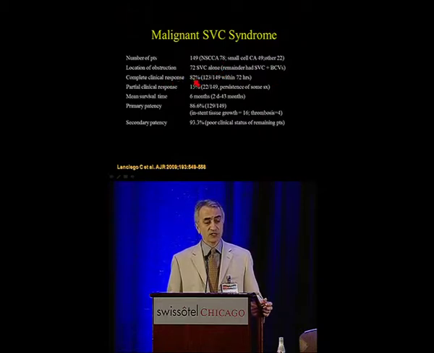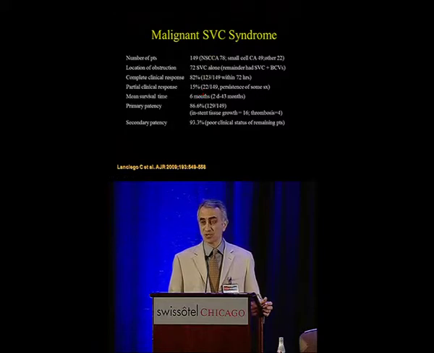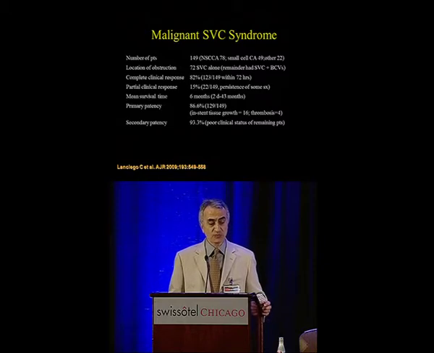Complete clinical response was seen in 82% of the patients within the first 3 days, and partial response in 15%. So as you can see, 97% of these patients had resolution or significant improvement in their symptoms almost immediately and within 3 days. Mean survival time was 6 months in the cancer patients, and the primary patency during that time was 86%. This is very typical in this patient population.